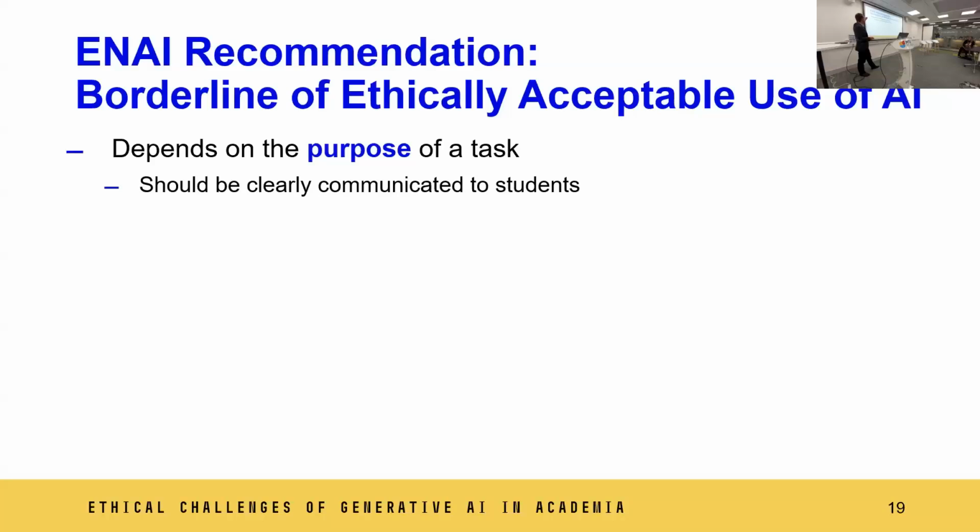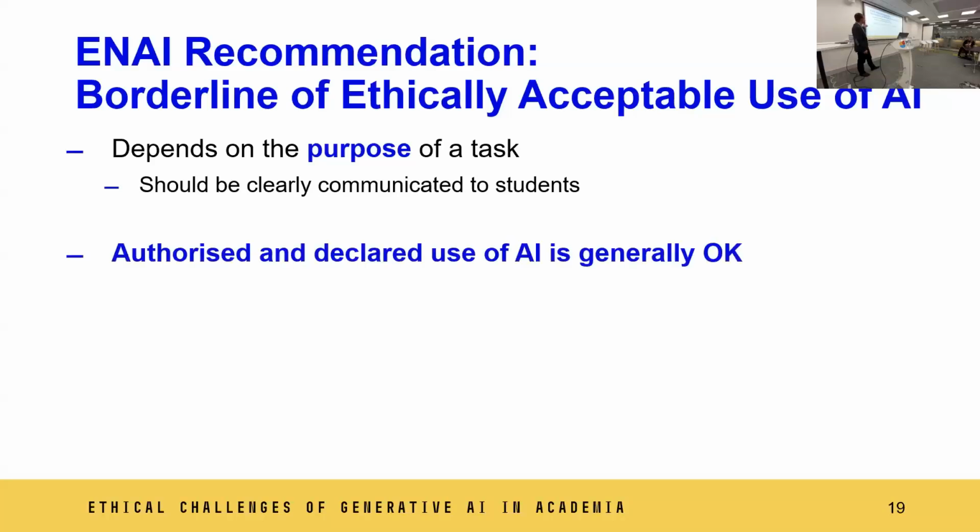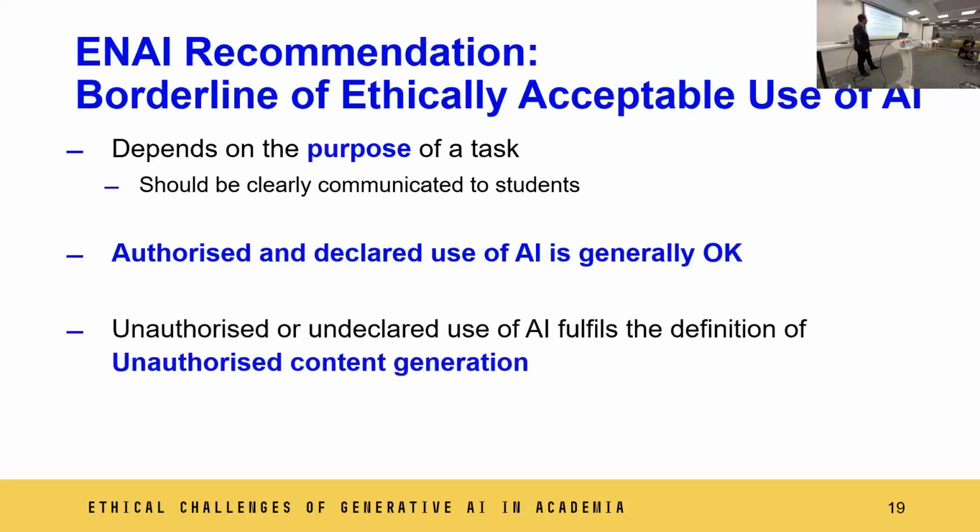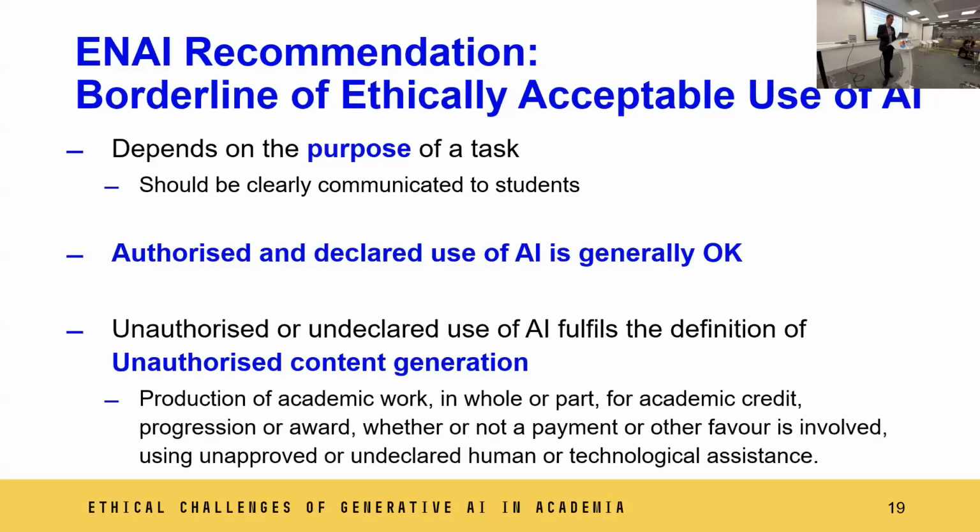The purpose of the task should be clearly communicated to students, and then authorized and declared use of AI is generally okay. Here it is a conjunction: both authorized and declared use of AI is okay. But if it is either unauthorized or undeclared, then it is academic misconduct.